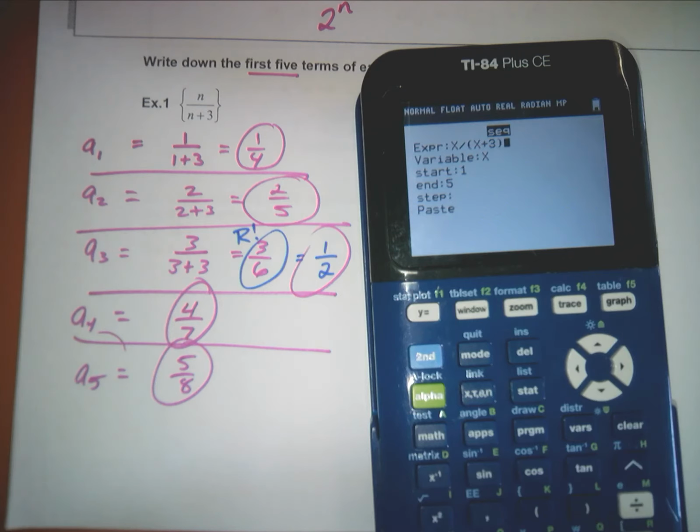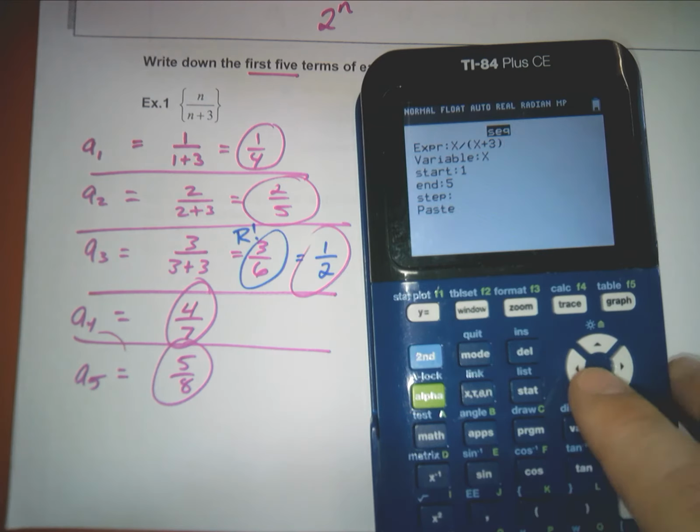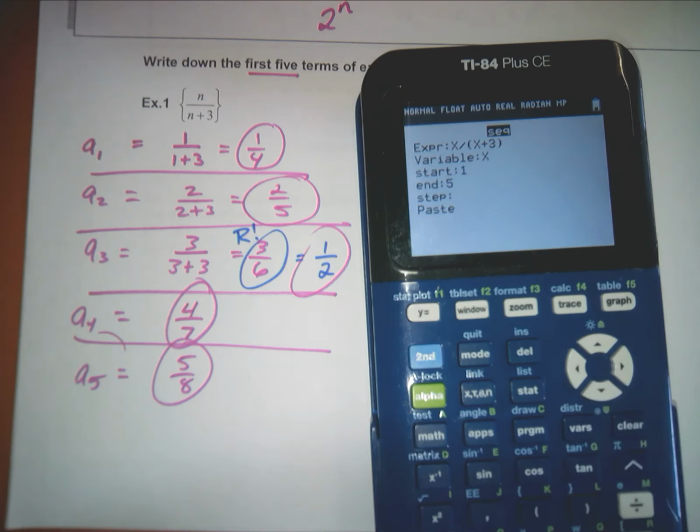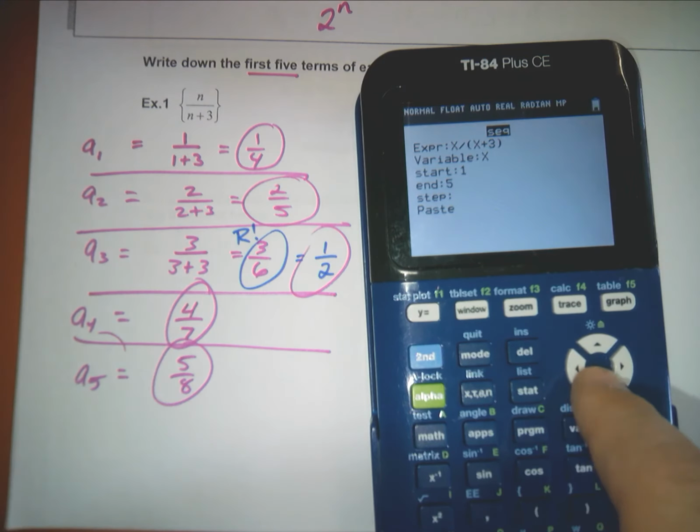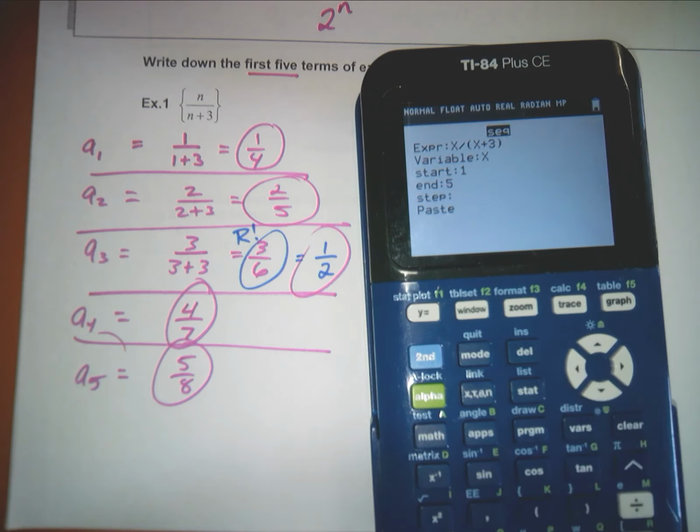So I have x divided by x plus 3. Variable, you have to determine what your variable is. We're using x's instead of n's. It's starting at the first term, a sub 1, and I'm going to a sub 5, so my end is 5. You do not need the step. If you don't put step in, it's going to be assumed you're just counting by integers, so 1, 2, 3, 4, 5. So I just leave that blank.